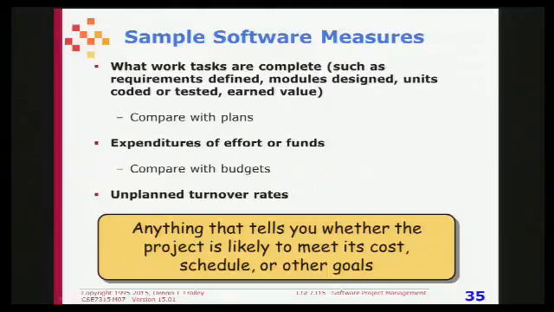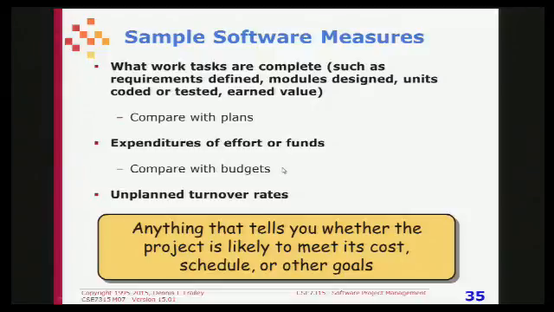Here are examples of things you could measure to relate to these risks. For example, how much of our work is complete? That's what you're doing with assignment 1. You're tracking your progress and marking things off when they're done, right? So you can say how much of the work is done. How much money are we spending?